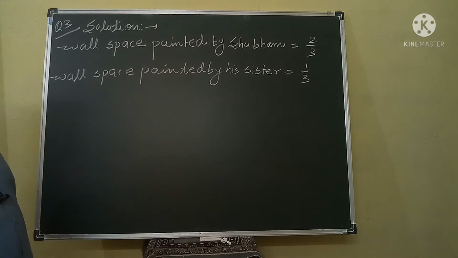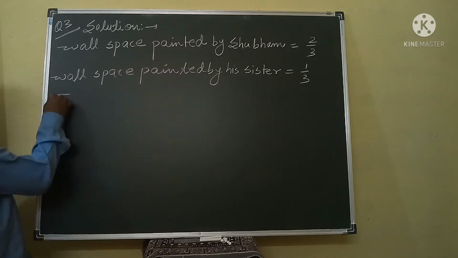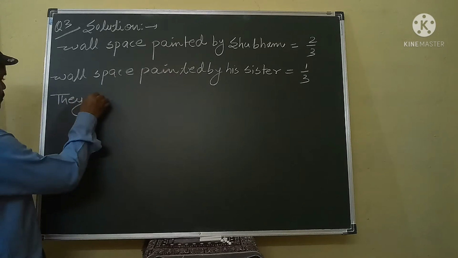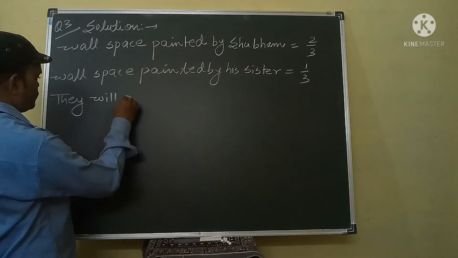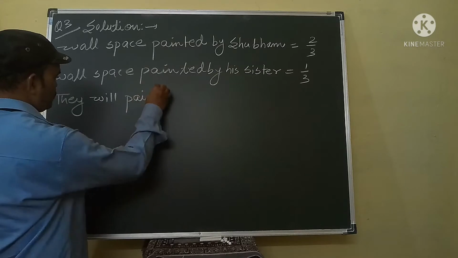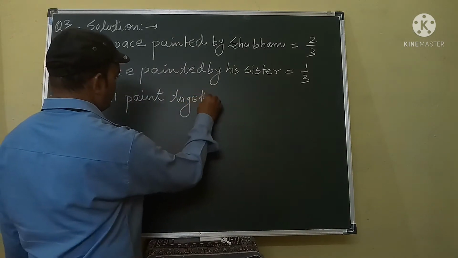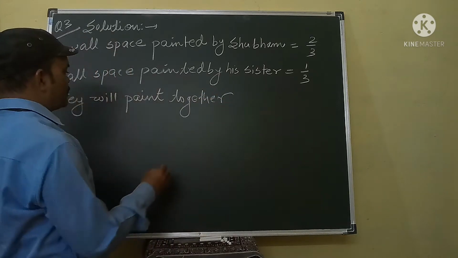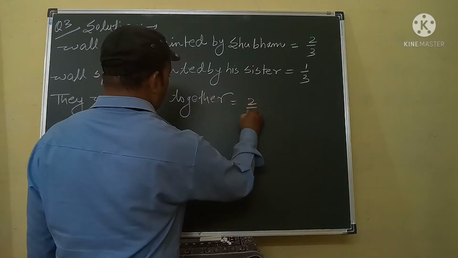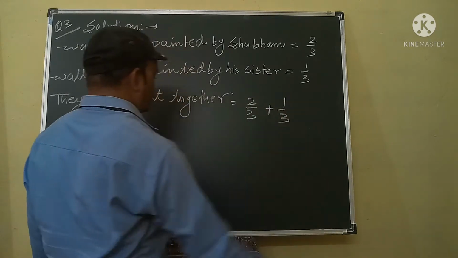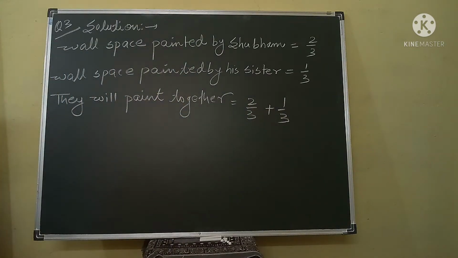So in this question what will you do? They will paint together is equal to 2 upon 3 plus 1 upon 3.